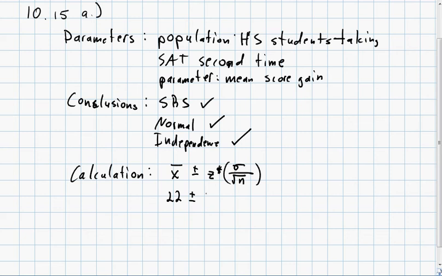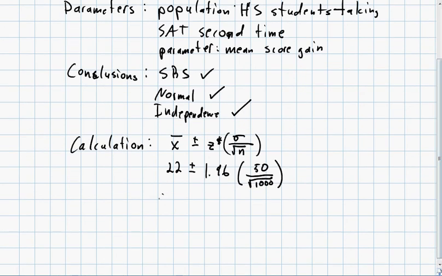Since we want a 95% confidence level, we want 1.96. And then we're going to take the standard deviation, which is 50. They told us sigma, and over the square root of 1,000. When we calculate this, we get an interval that goes from 18.9 to 25.1.